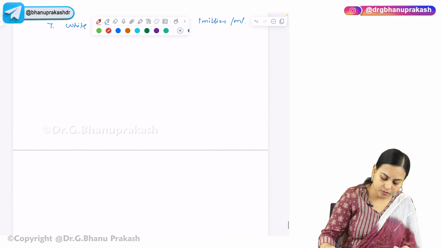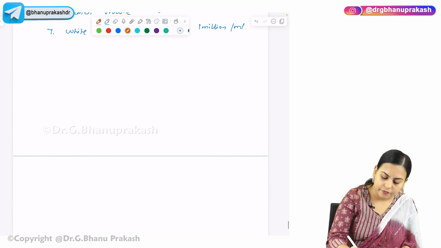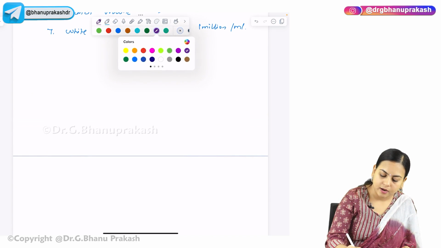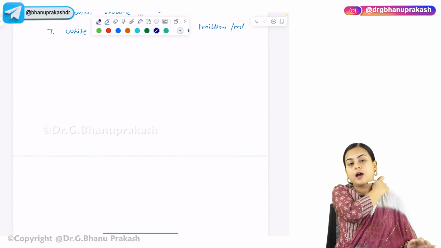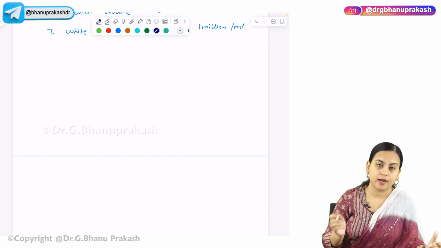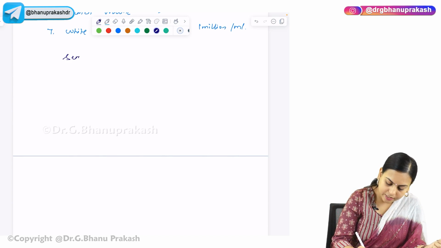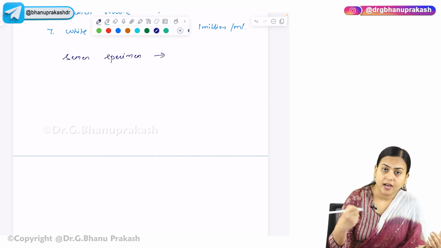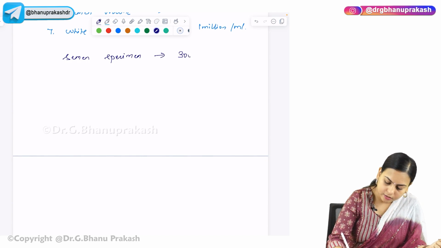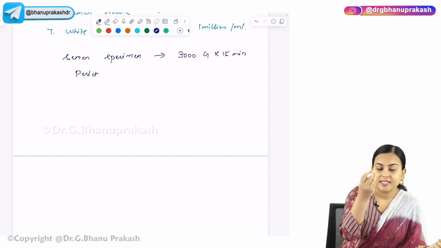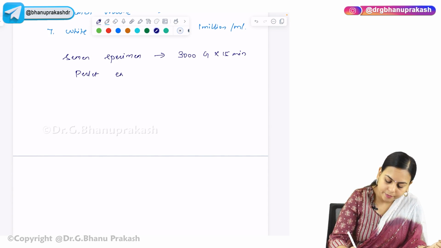Now, when you obtain semen and you are going to analyze it by microscopic examination, you have to centrifuge it first. The semen specimen has to be centrifuged at a high speed, say 3000 rpm for 15 minutes, and the pellet that has settled down has to be taken for examination.